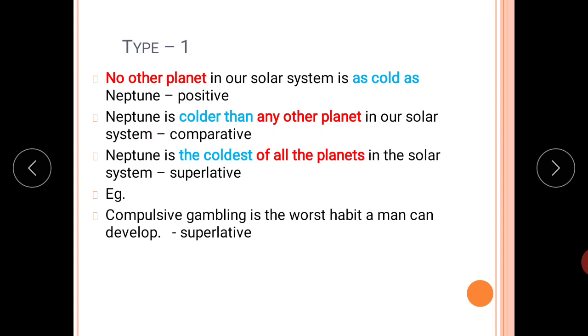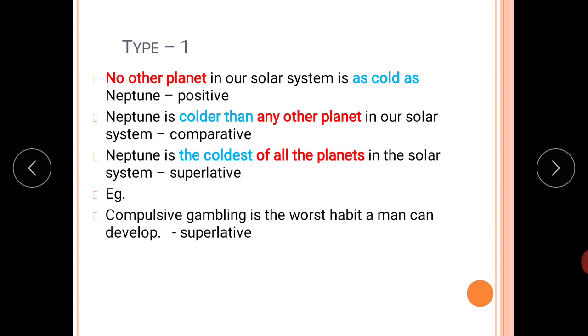Okay, just look at the keyword: no other planet. In positive, you have to begin with "no other". And in the adjective, "as cold as".